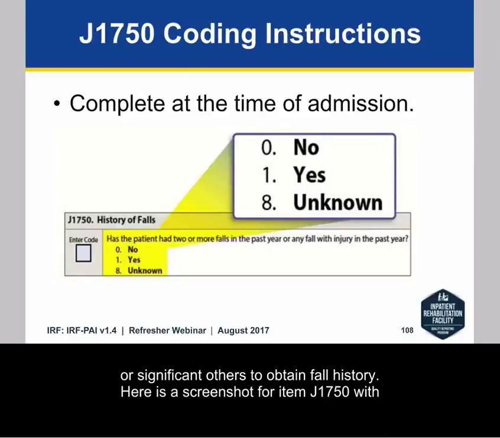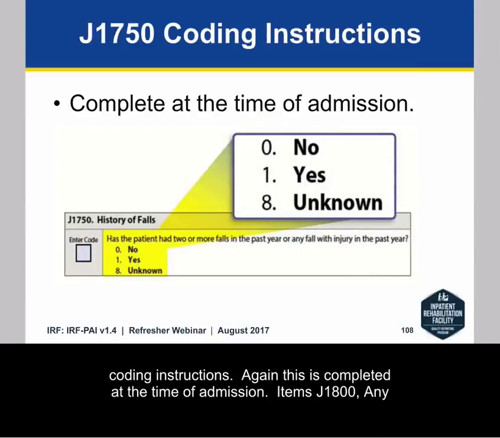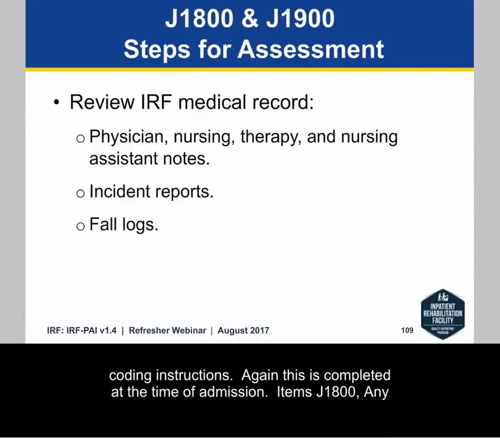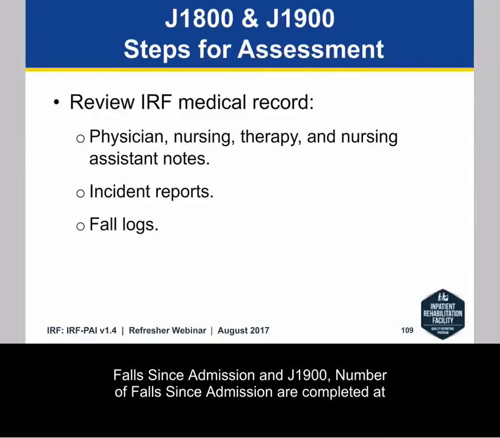Here is a screenshot for item J1750 with coding instructions. Again, this is completed at the time of admission. Items J1800, any fall since admission, and J1900, number of falls since admission, are completed at discharge.